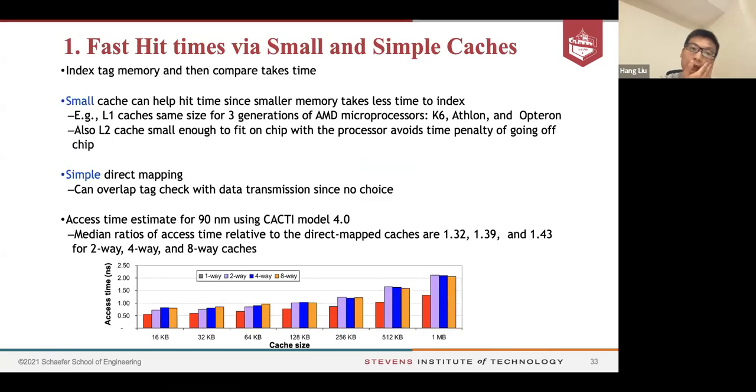So for fast hit time, there are small and simple caches. That's what I mentioned at the very beginning. Cache is faster because it's smaller, right? So we use smaller and simpler cache. It definitely helps us with a faster hit time.